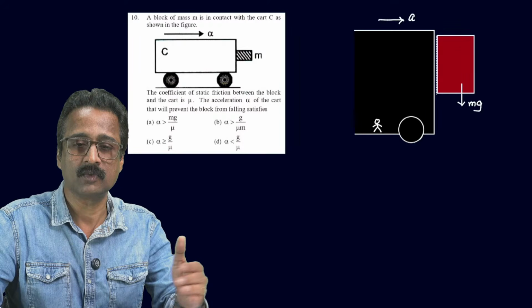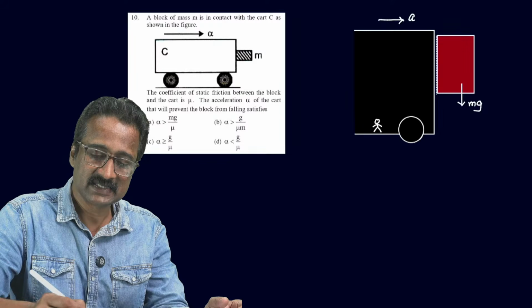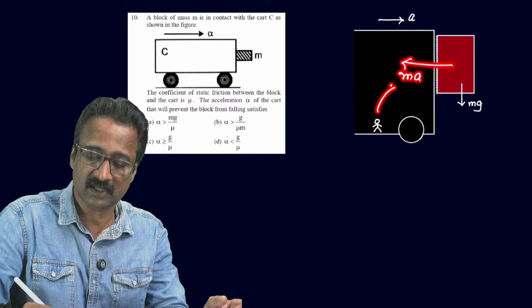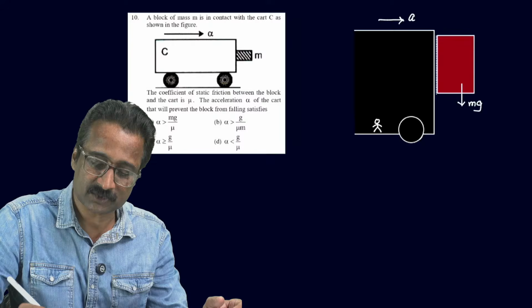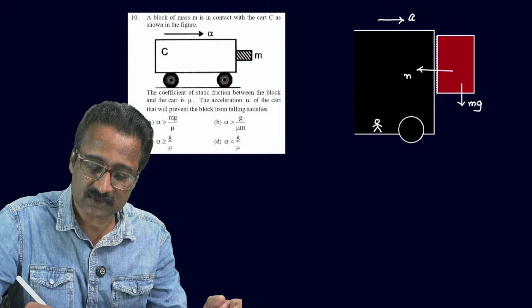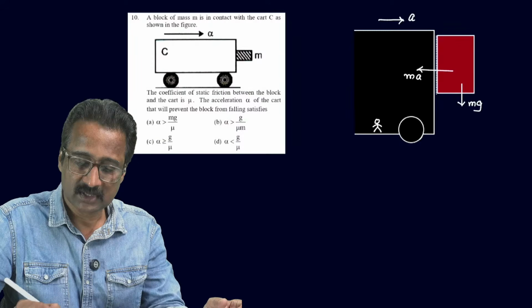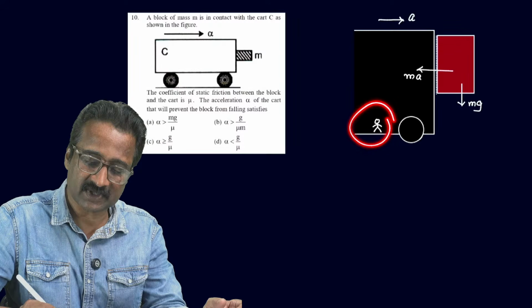Now the other force he must report is the pseudo force, because he is a non-inertial observer. Since the system is having an acceleration A, this body will be experiencing some ma backward in his observation. So I'm showing that the ma pseudo force is shown here. Now see, in his observation, this body is not moving left or right.